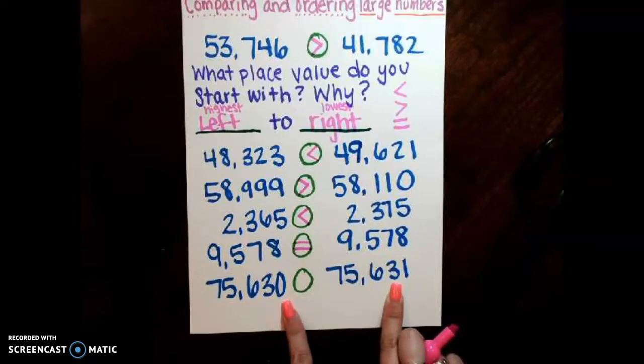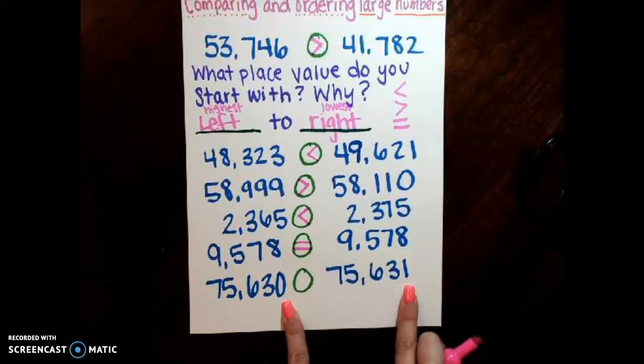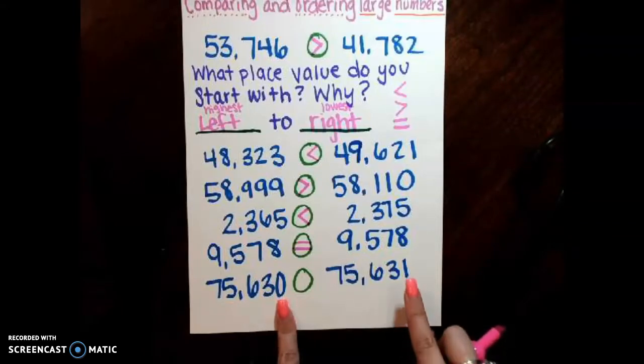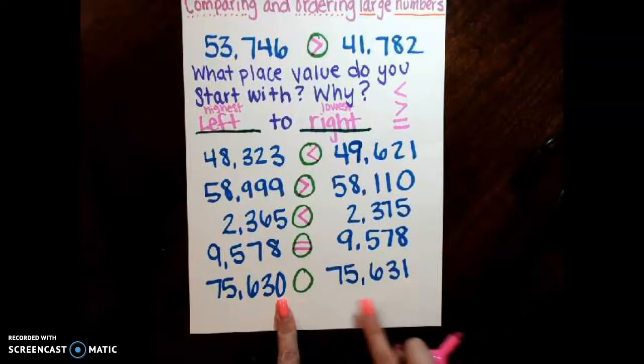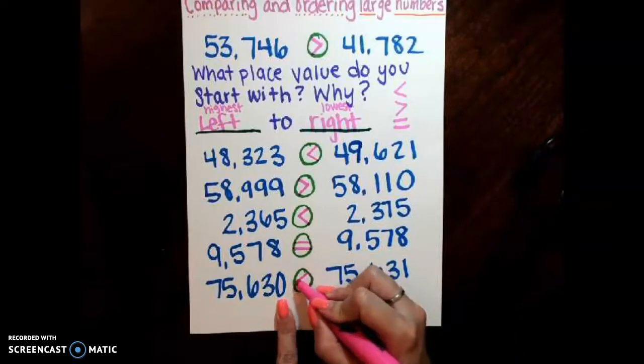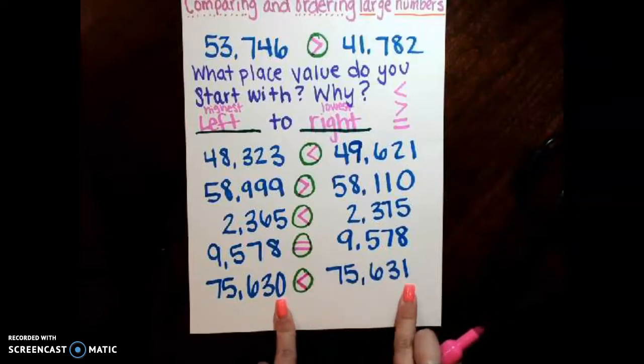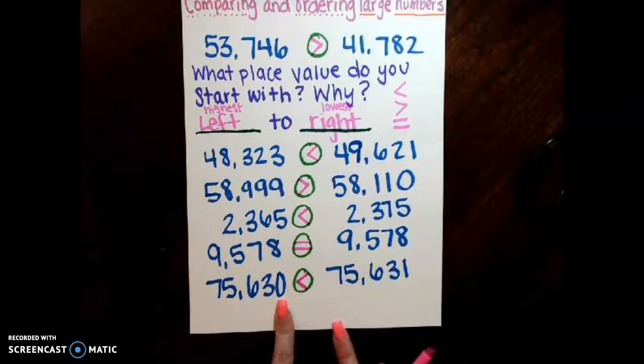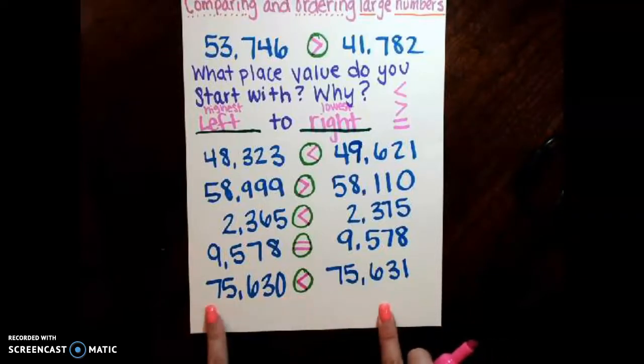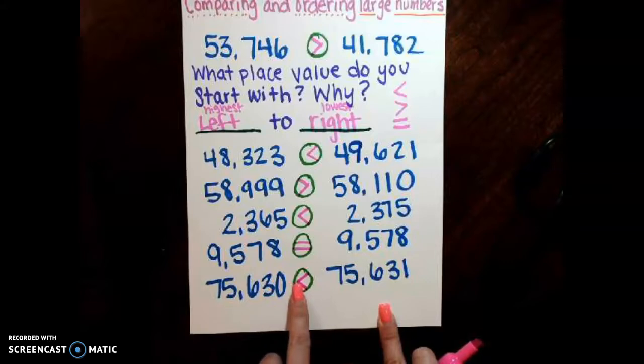And then this one has a 0 and a 1 in the ones place. So this number wins for being greater by 1 point. My Pac-Man wants to eat the bigger one, even if it's just by 1. So this number sentence reads 75,630 is less than 75,631.